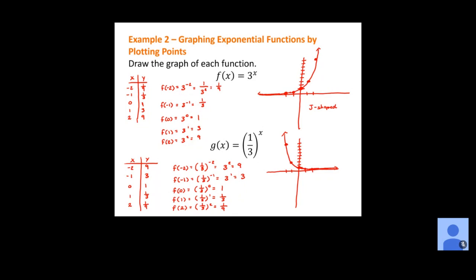Now, what do you notice about those two graphs? Yeah, it's just a reflection, right? In this case, it's a reflection over the y-axis. And if you remember our transformations, the way we get a reflection over the y-axis is to make the x value negative, right?